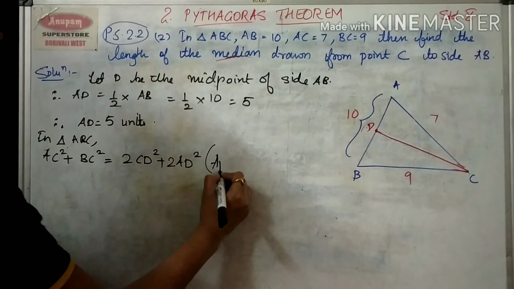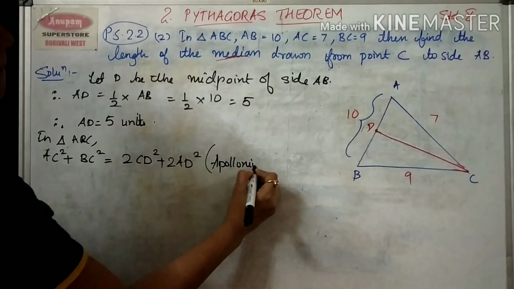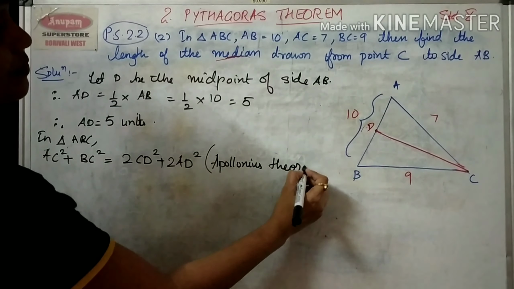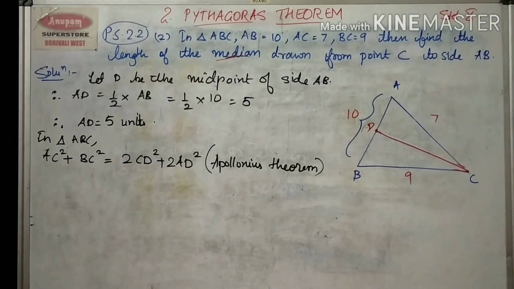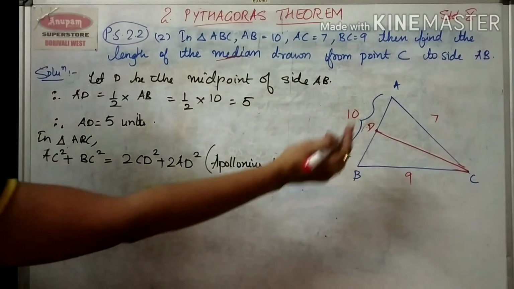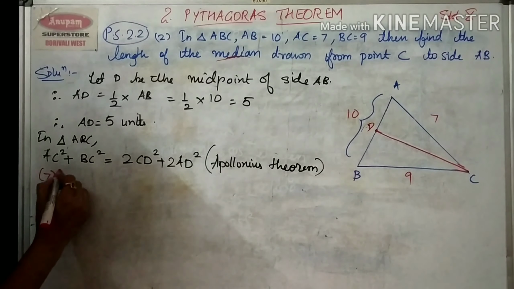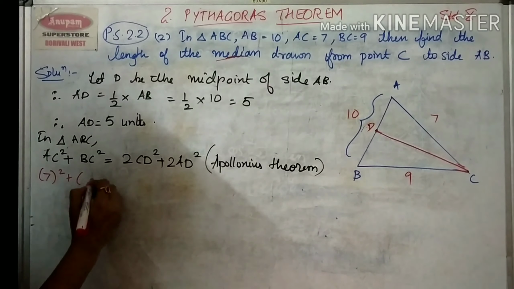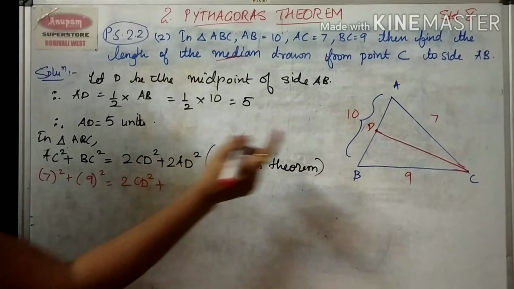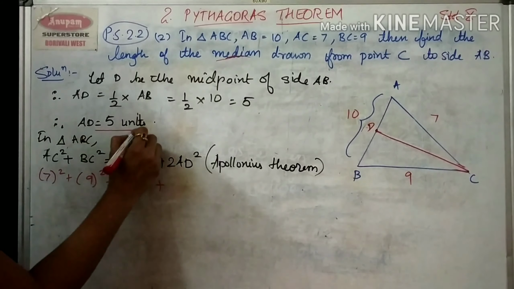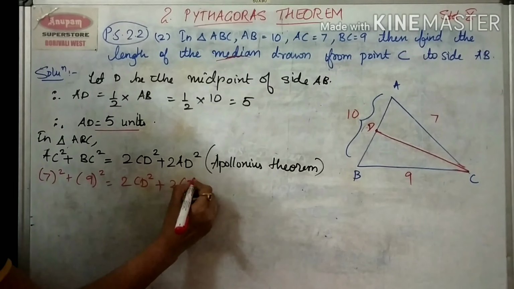I also write down the reason, Apollonius theorem. Then let us substitute the values. AC is given as 7, BC is 9, 2CD square we don't know, and AD is 5, which we have just found out. So 2 into 5 square.